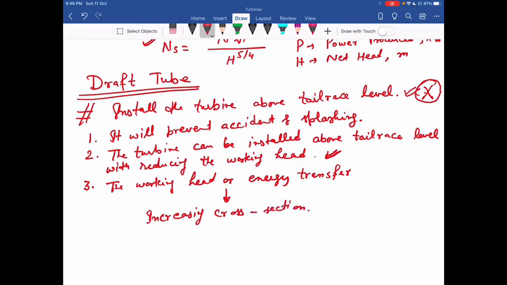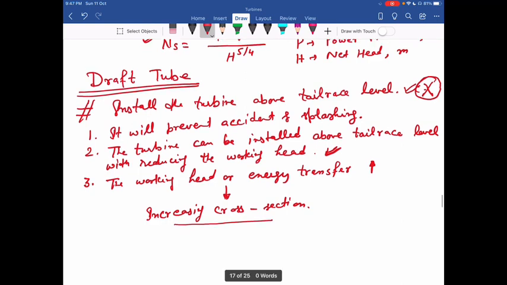So in the third function, the working head or energy transfer can further be increased by using a draft tube of increasing cross section. So these are the three main functions of the draft tube.